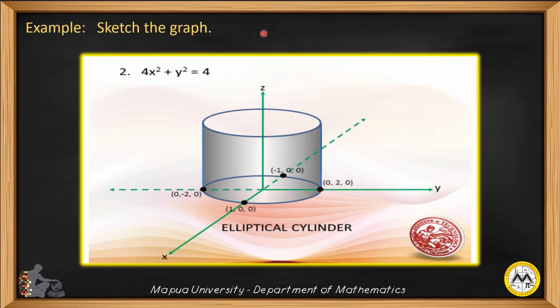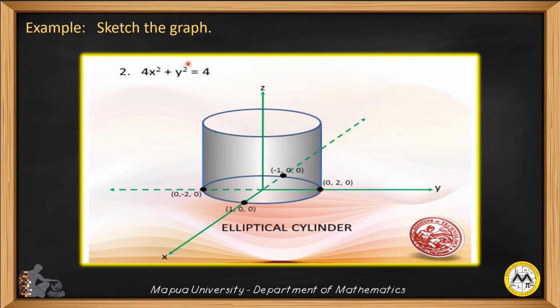Another example is the cylindrical surface defined by 4x squared plus y squared is equal to 4. Again, recall from analytic geometry, the graph given by the equation in the xy plane would be an ellipse. And for the ellipse, its major axis is along the y-axis, the minor axis is along x.